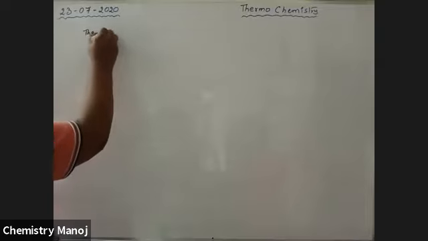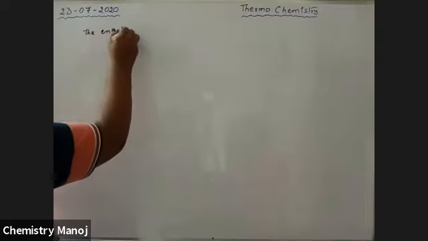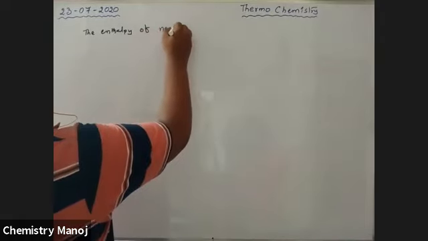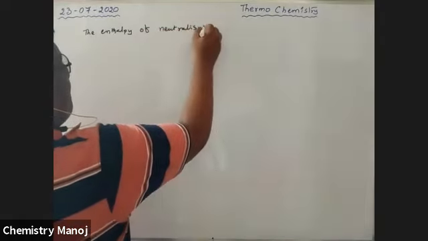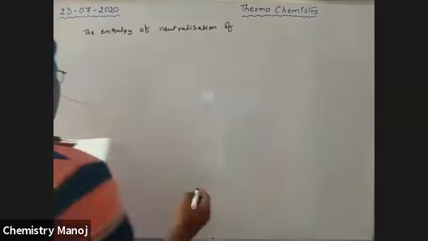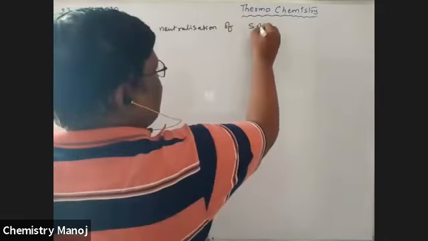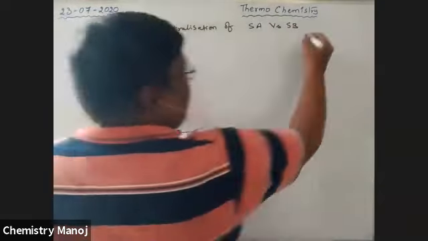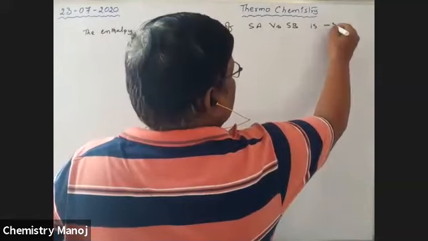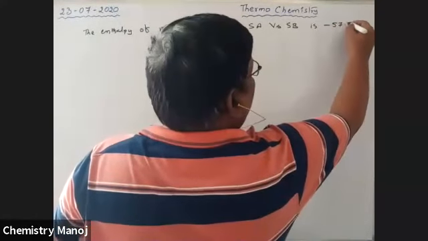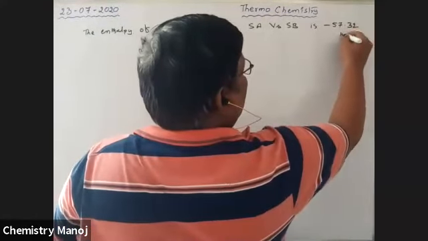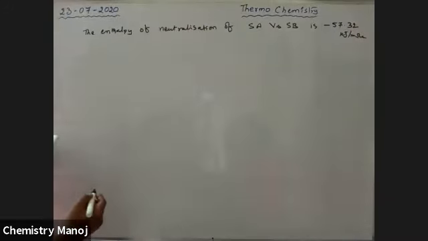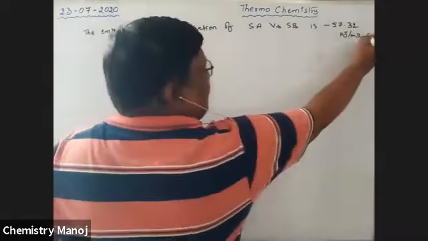The enthalpy of neutralization of strong acid versus strong base is minus 57.32 kilojoule per mole.